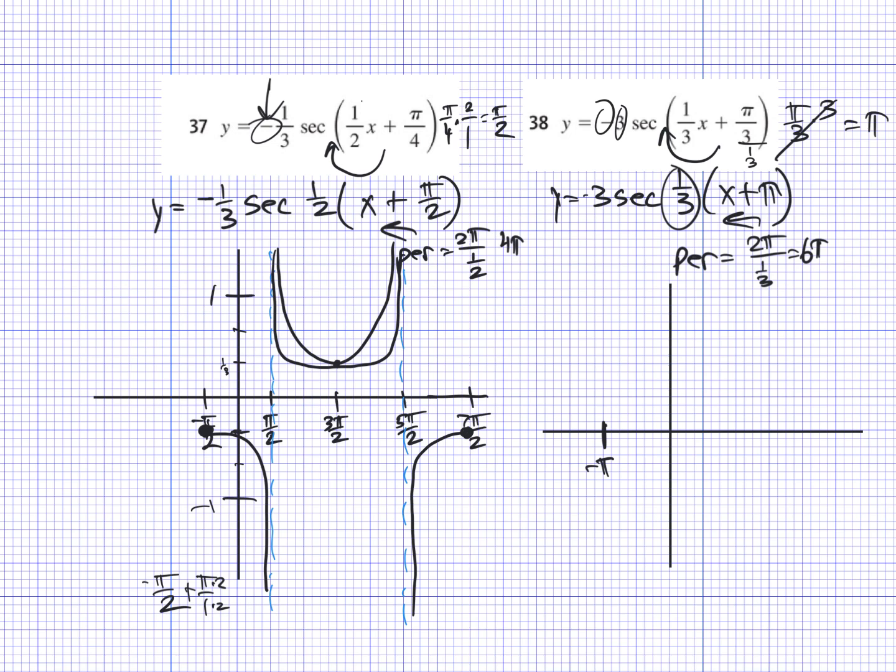Divide that into fourths and you get 6 over 4 or 3/2 pi. So if this whole distance here is pi, 3/2 pi puts us, that's 1/2 pi, 2/2 pi, 3/2 pi right there at pi over 2.